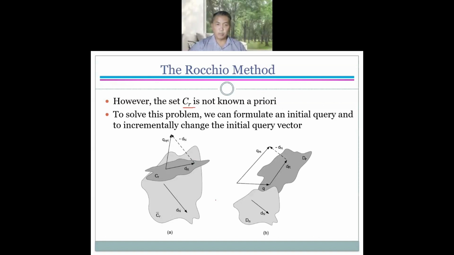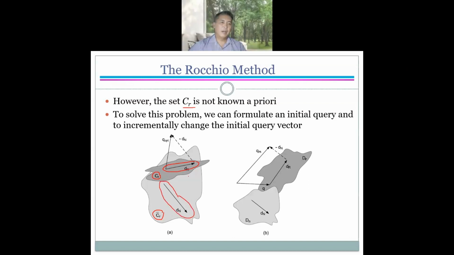Let's suppose this is your relevant documents, the dark one, and this is your non-relevant documents. So the vector representing the relevant documents is this one, and the vector representing the non-relevant documents will be this one.